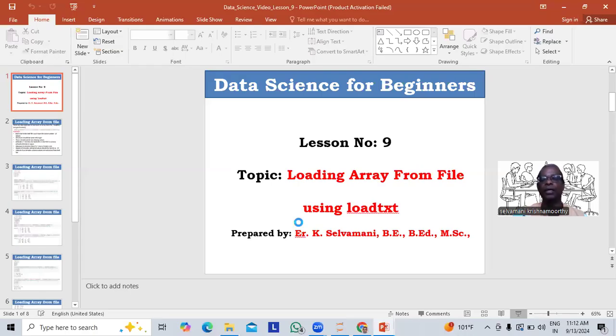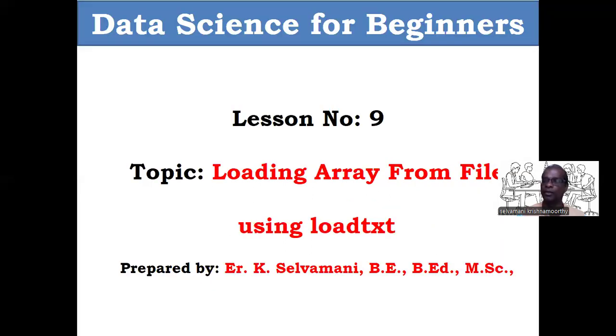Today, let us study how to create one array from a text file. Before, we already studied how to create one array using a list, that is np.array. Then we also studied how to create one array by giving a range of values with the range function.